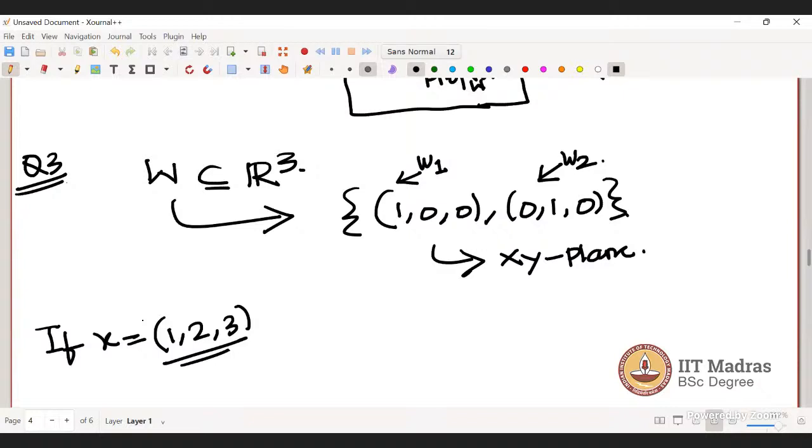So that is what the projection is. So the projection of this vector x in W. Basically the distance between this vector and this vector is minimum. That is what the projection gives.